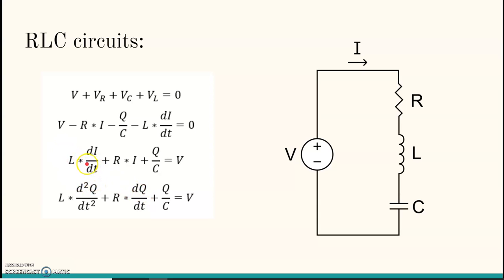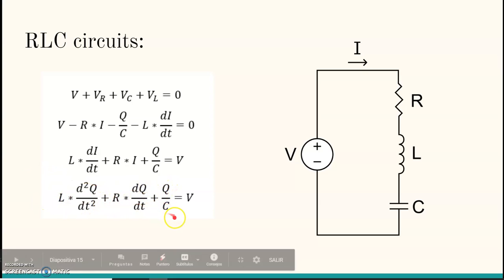Similarly, we can do the same thing for dI over dt, which is the first derivative of a derivative, so it is just the second derivative. So we're going to have just a second derivative of q. We have this differential equation where L, R, and C are constants, q is the expression we want, and b is also just a constant.